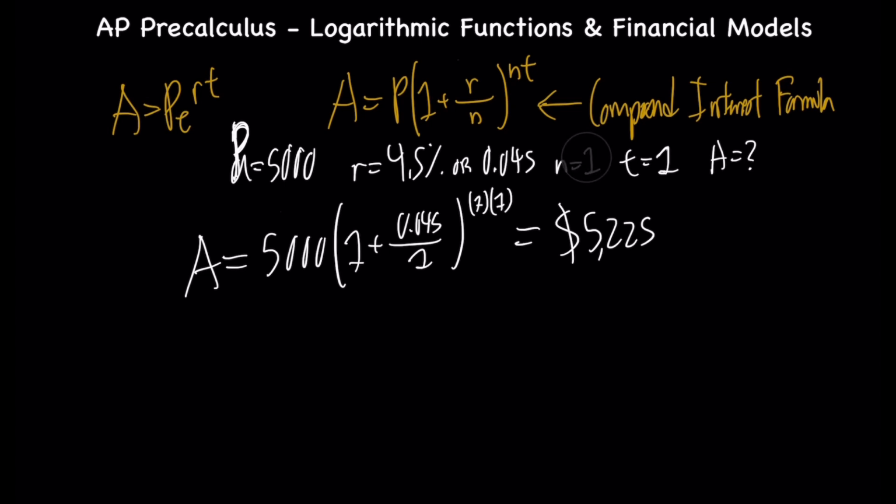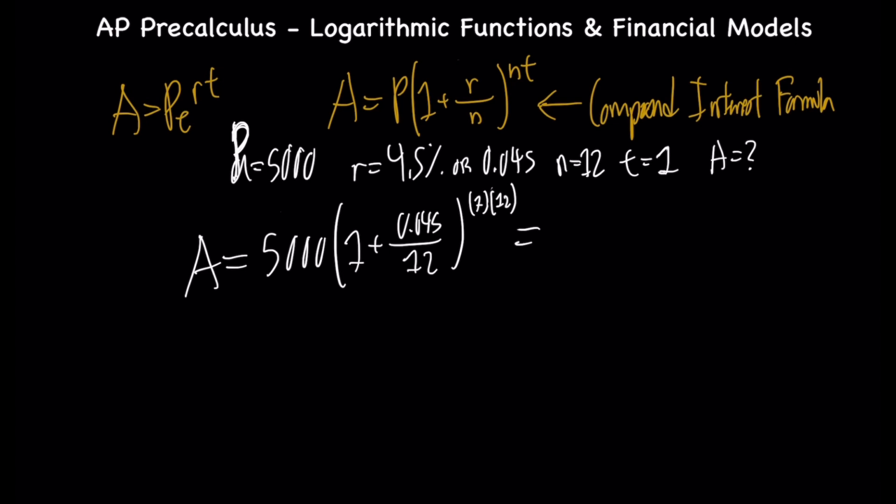Now let's say this was compounded monthly, so N would be equal to 12 because there are 12 months in 1 year. So your N value would change. You'd have 0.045 divided by 12, to the power of 1 times 12.